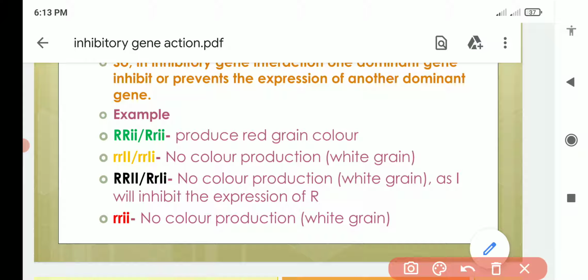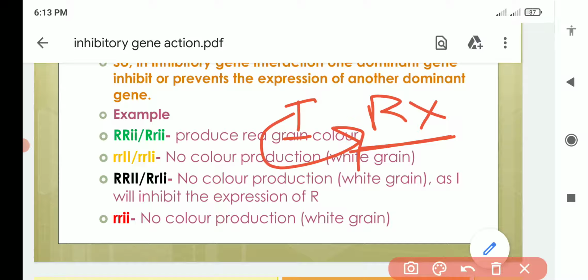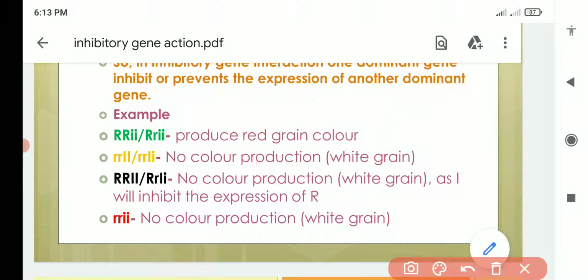Why? Because this capital I will inhibit the expression of capital R. In the presence of capital I, this R is not going to produce any color. So as a result, no color production will be there.